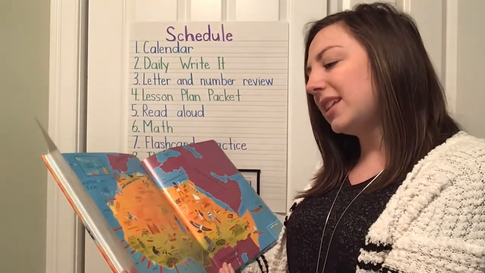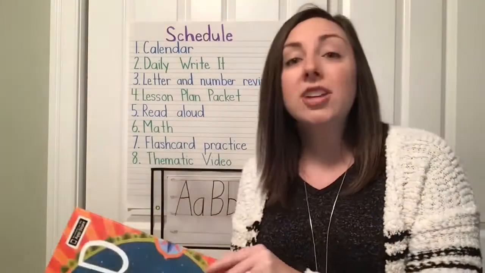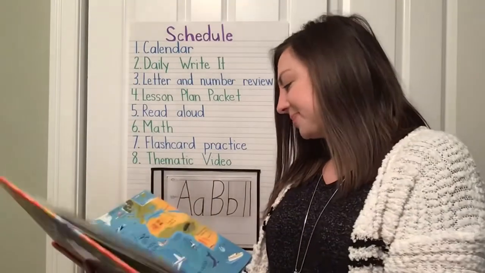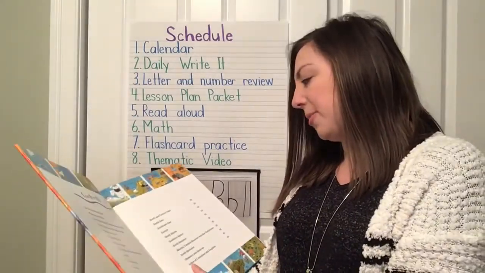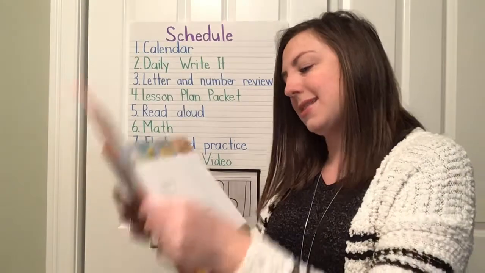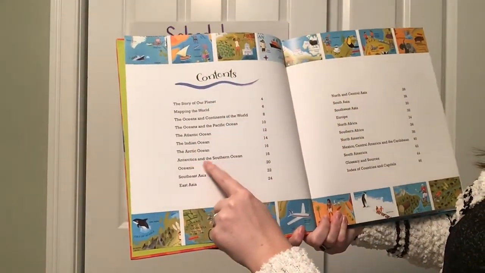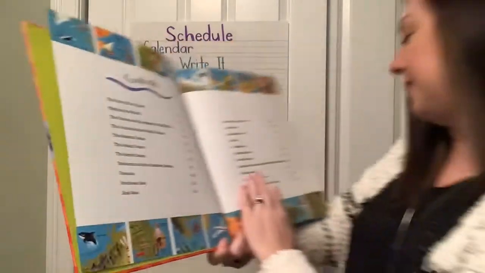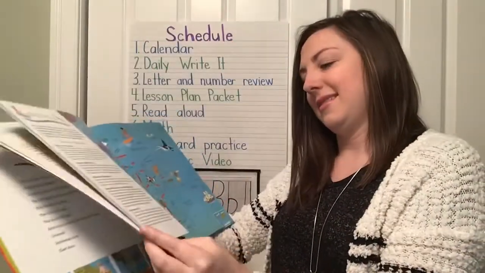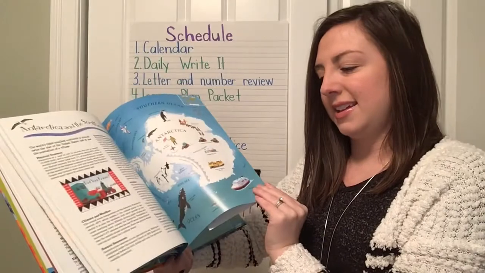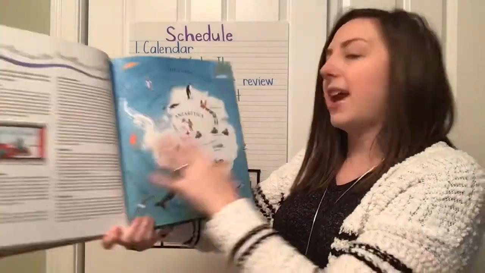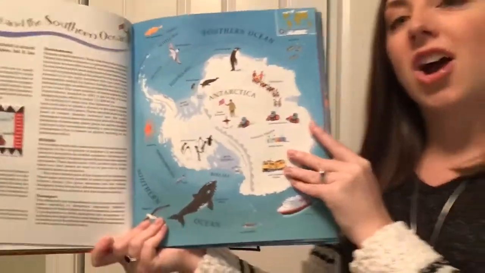All right, so let's go ahead and let's look at Antarctica now. So I'm going to close the book, go back to my table of contents, and I can see Antarctica is on page 18. So let's find page 18. Okay, so here is Antarctica.